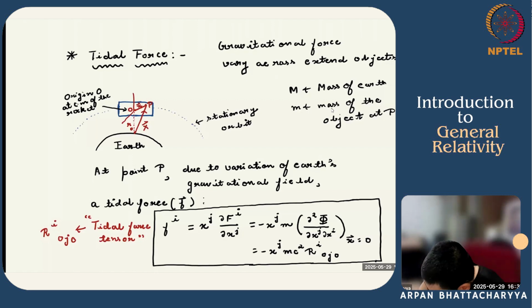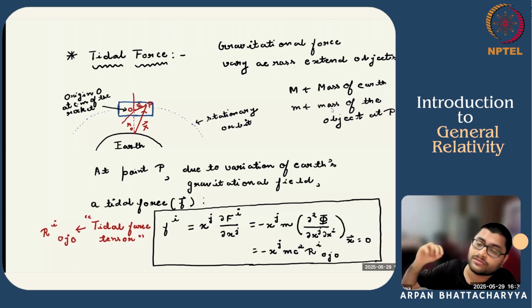And we also introduce a quantity which is denoted by this symbol. This is actually a tensor quantity, and we term this the tidal force tensor. We will later see that this R_i0j0 is related to a component of the Riemann curvature tensor, which gives information on the curvature of the underlying space-time geometry when we discuss differential geometry in the later part of the course, and that is why these curvature tensor components are called the tidal tensors.